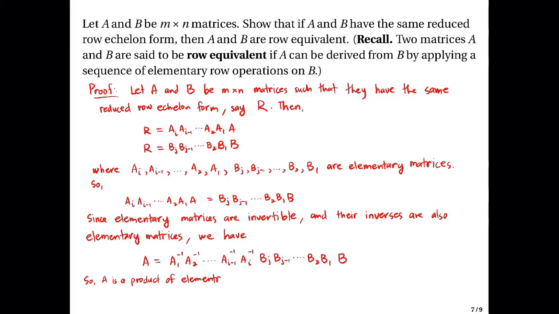So A is a product of elementary matrices and B, and therefore A is row equivalent to B. And that's the end of the proof.